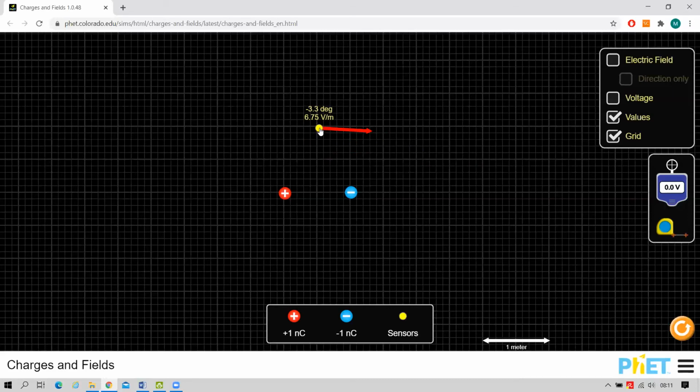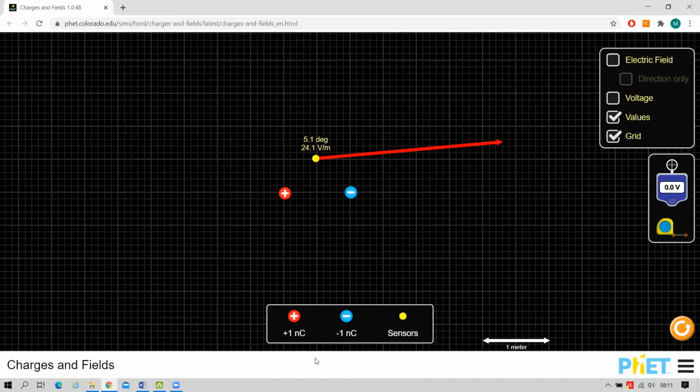Since 2 cubed is 8, the electric field strength here must be 8 times less than the electric field here. So just check this both above and below, and you will type your description.